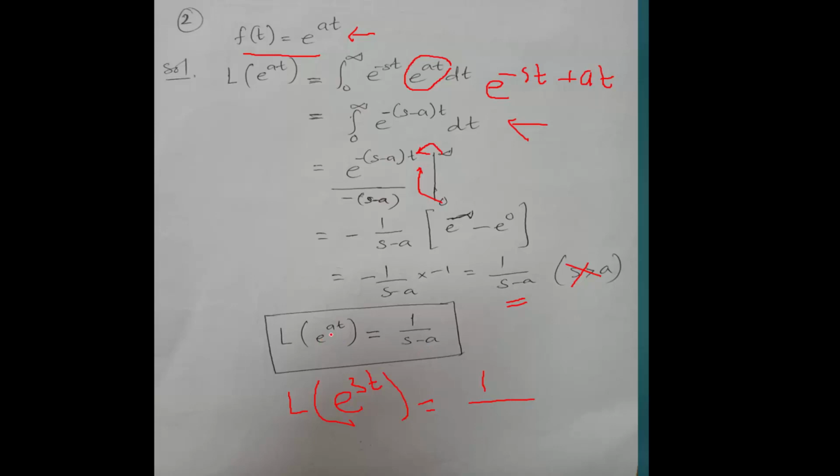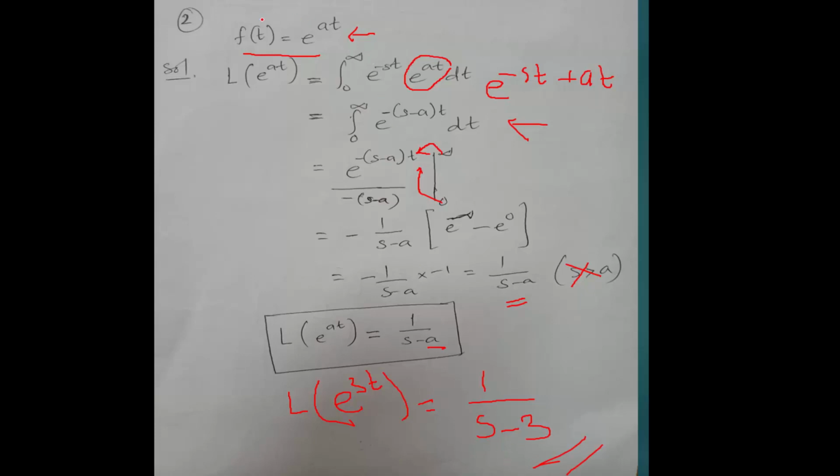When you have e raised to at here, you have 1 by s minus a, which means I have 3 here. So the Laplace transform of this one is going to be 1 by s minus 3. So this is how you find the Laplace transform of an exponential function.